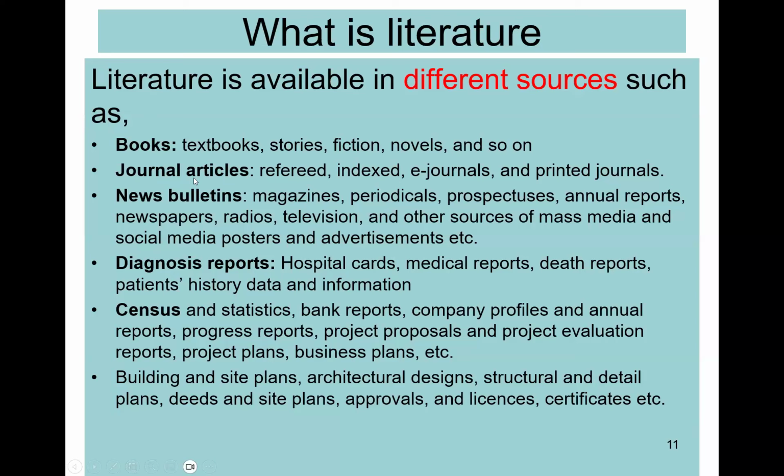In order to understand what type of research has been done in your area, you must treat the literature available as journal articles. They are refereed, indexed, and other forms of articles. We advise you to go through at least refereed and indexed articles, which are more recognized.